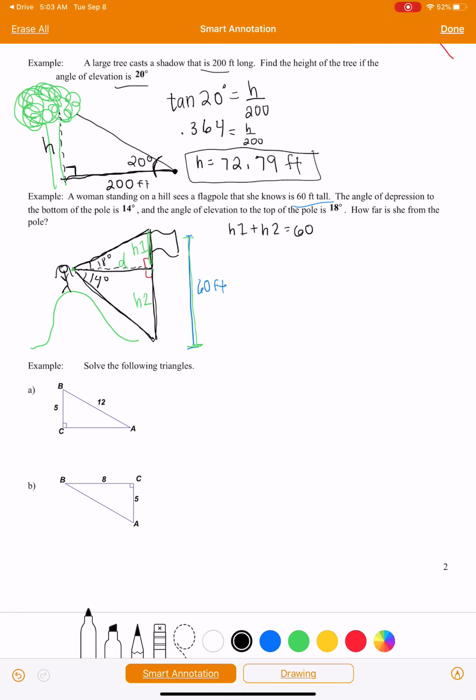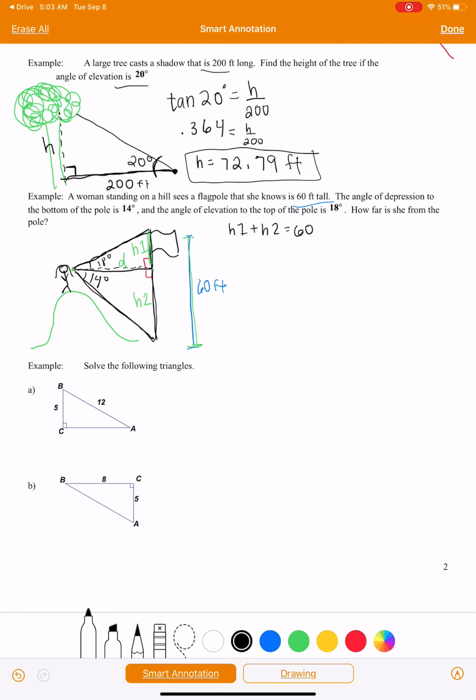Now, let me just put together what we know so far in a trig ratio. Working off of my top triangle, my reference angle I'm going to use is this 18 degrees. Again, remember, you can't use the 90-degree angle as your reference angle in your trig ratio. Notice I'll never write tan of 90 or cosine of 90 to find a side length, okay?